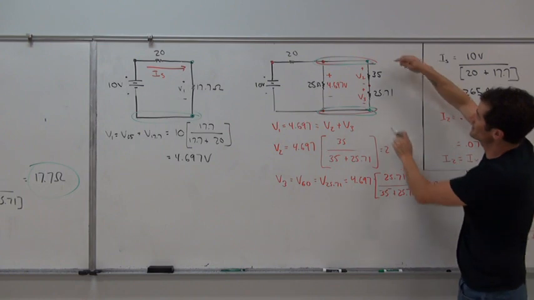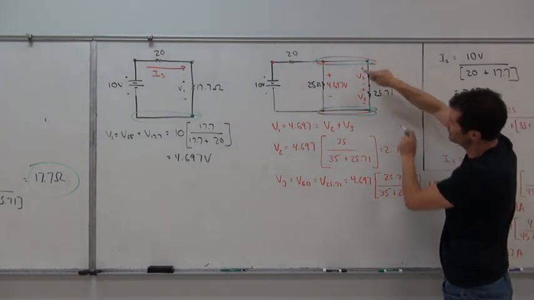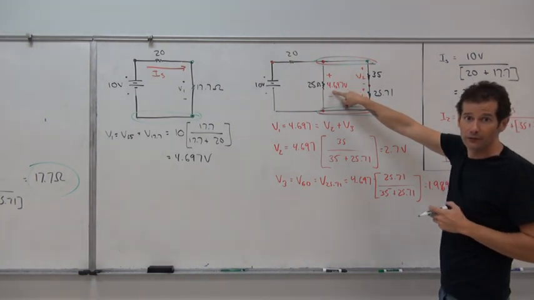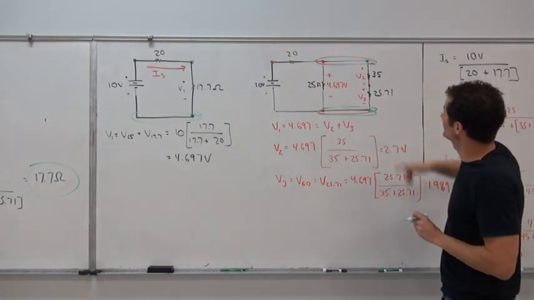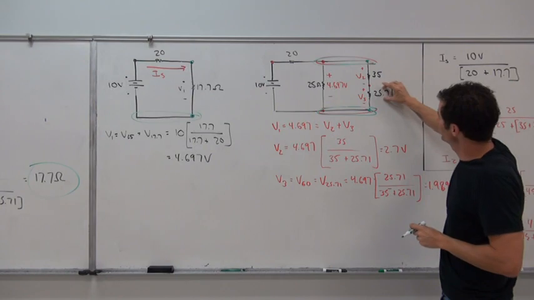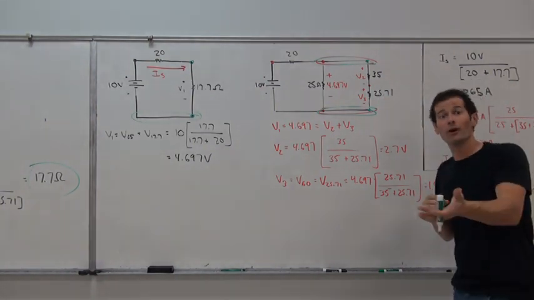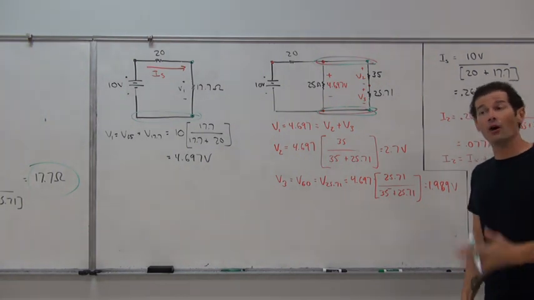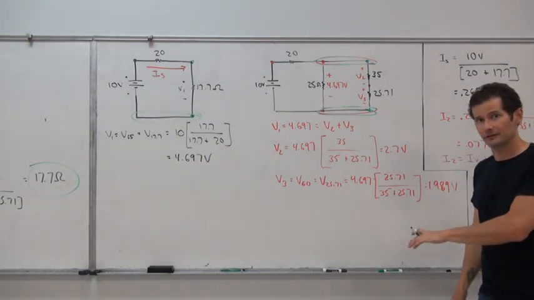The voltage that exists between these 2 points right here is in fact also going to be 4.697 volts. But because we have 35 ohms and that equivalency of 25.71 ohms in series, that means that voltage will also divide again.